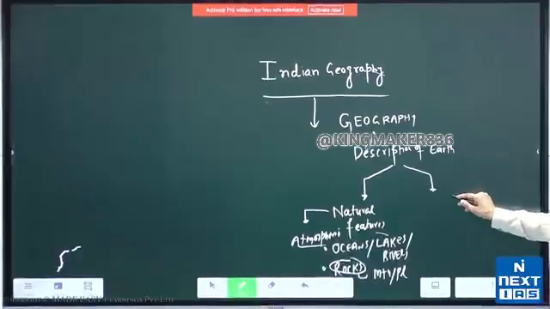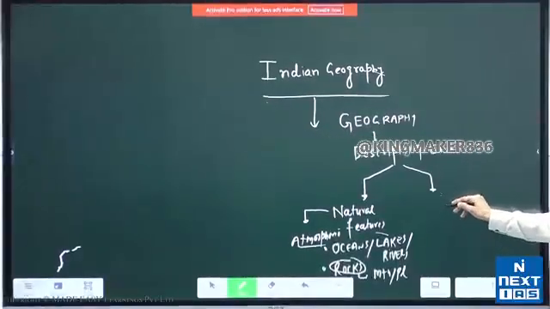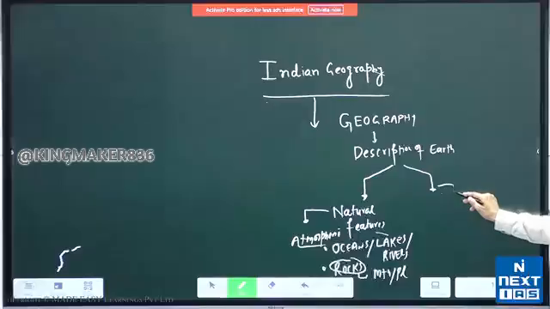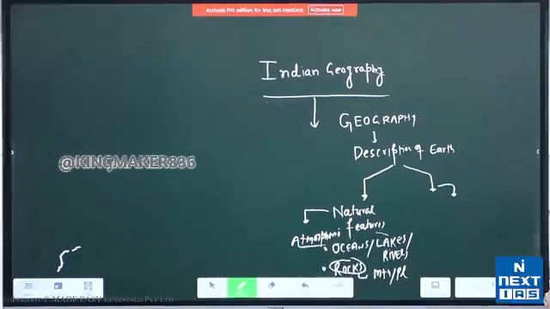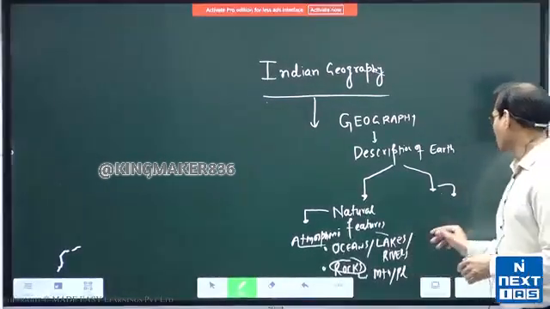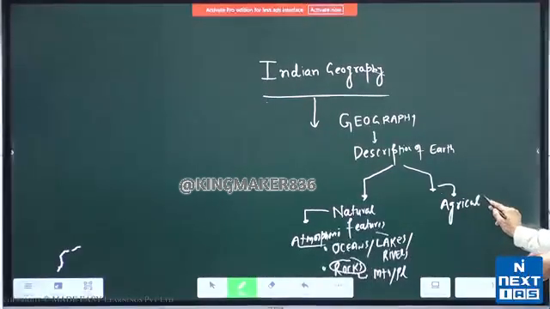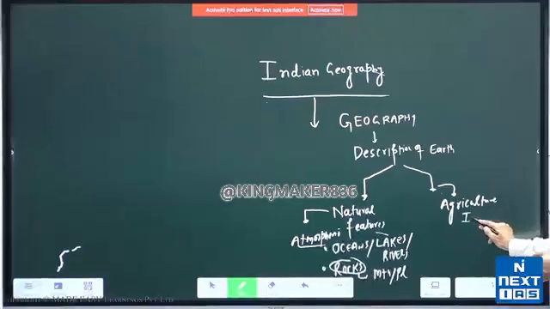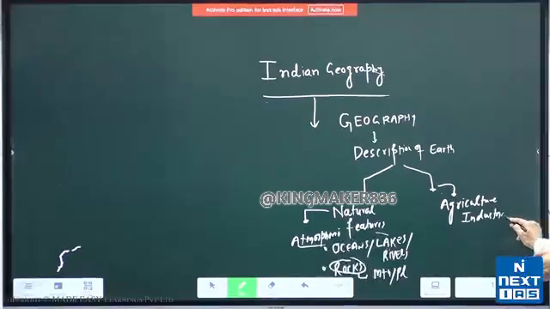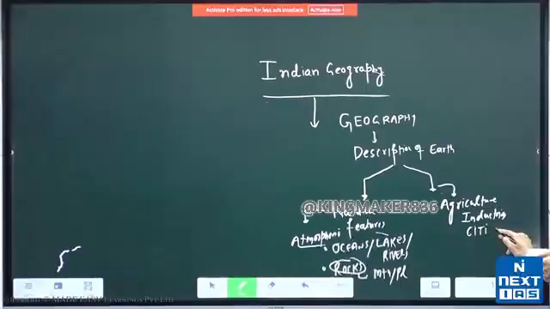And once you talk about the human structures, which structures do we consider in human structures? For example, agricultural land, so agriculture, or industries, or even the idea of cities.